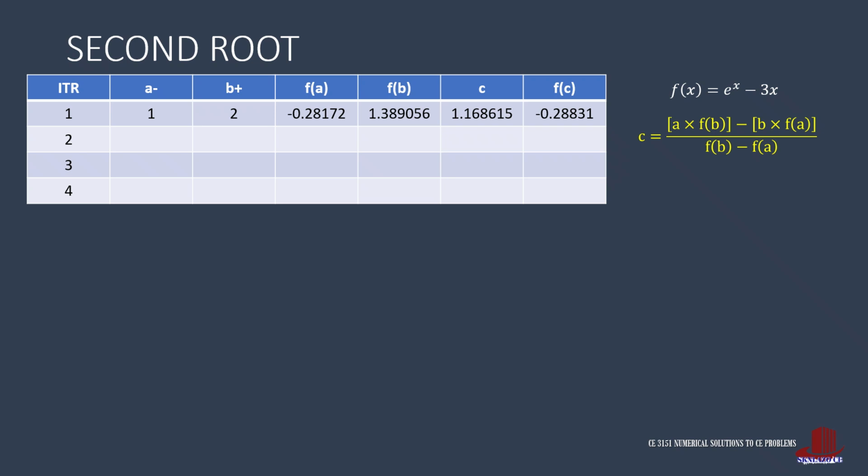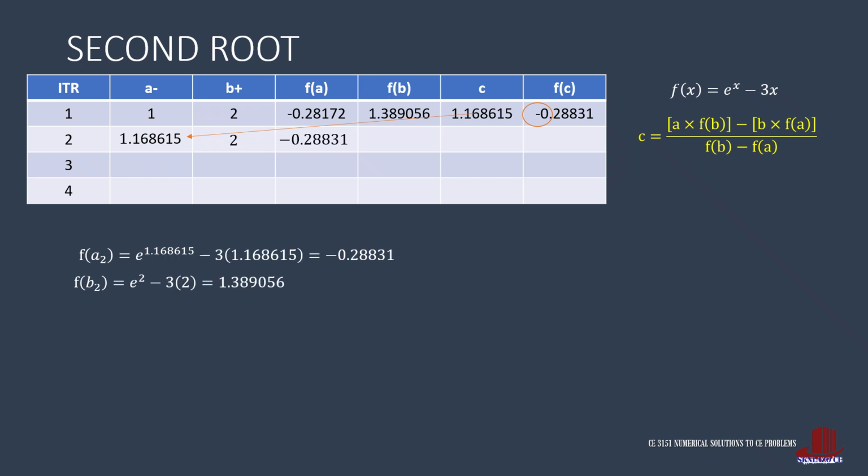Let's redo another set of iteration, starting with FC sign check. It is negative, so C replaces the negative limit, which is A. B remains as 2, so FA is then computed as negative 0.28831, while FB remains to be 1.389056.